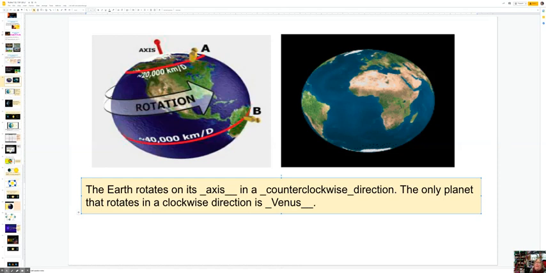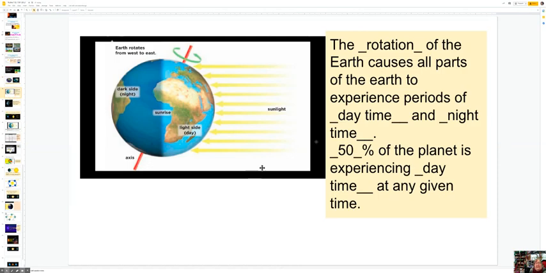Now, kids, on the next slide, the rotation of the Earth causes all parts of the Earth to experience periods of daytime and nighttime. It's what are we getting sunlight? Are we not getting sunlight? So kids, 50% of our planet is experiencing daytime at any given moment.